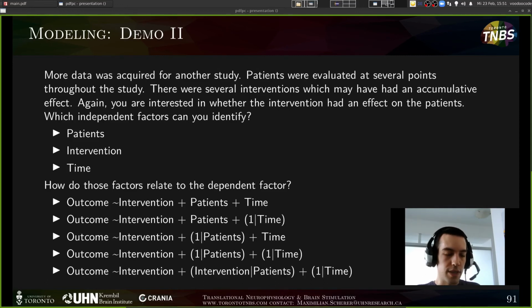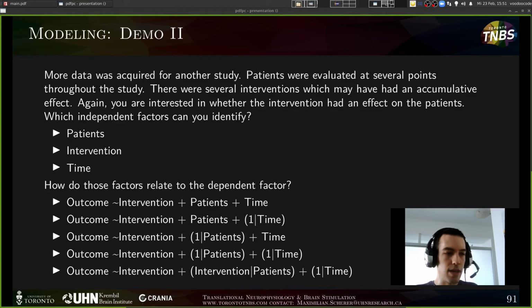And then, of course, we can again think about whether the effect of the intervention does have the same slope across patients, whether there's a different slope across patients, and how that might play a role.